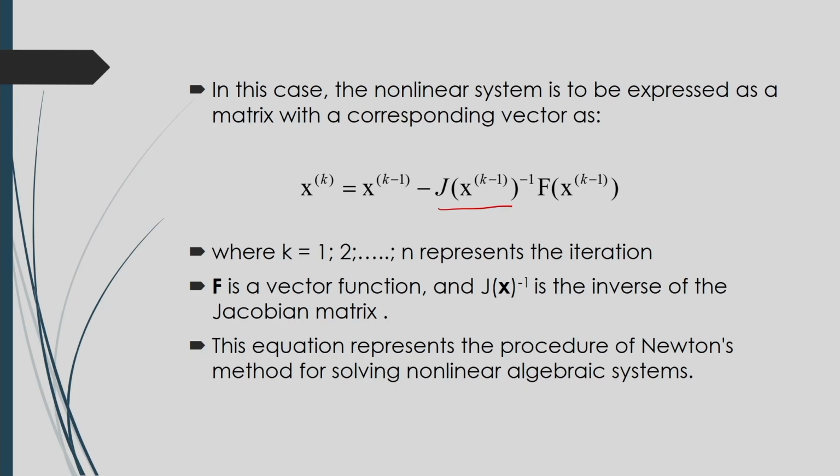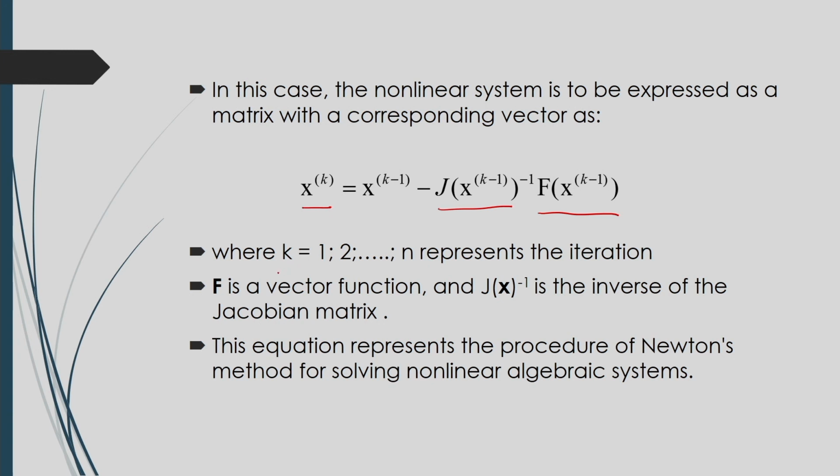So in this case the nonlinear system is to be expressed as a matrix with the corresponding vector xk, which will be equal to xk minus 1 minus the Jacobian matrix at the k minus 1 value of x to the power minus 1 into the function of that k minus 1 value of the variable x.